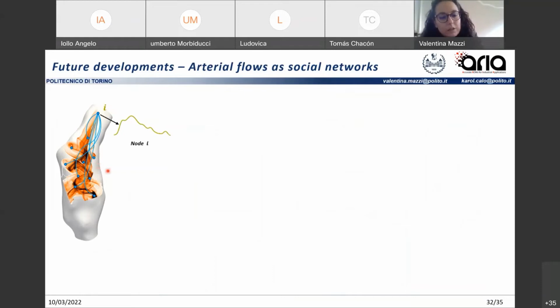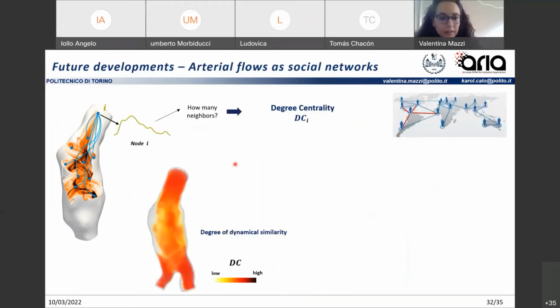A series of complex networks metrics have been proposed to retrieve such information. For example, we can compute the degree centrality, which measures the degree of dynamical similarity of hemodynamic flows by simply counting the number of connections, which are called the neighbors, of each node inside the network.